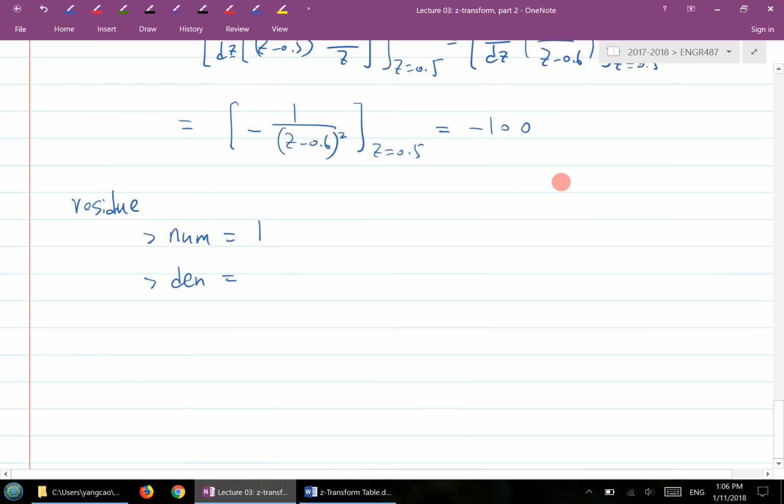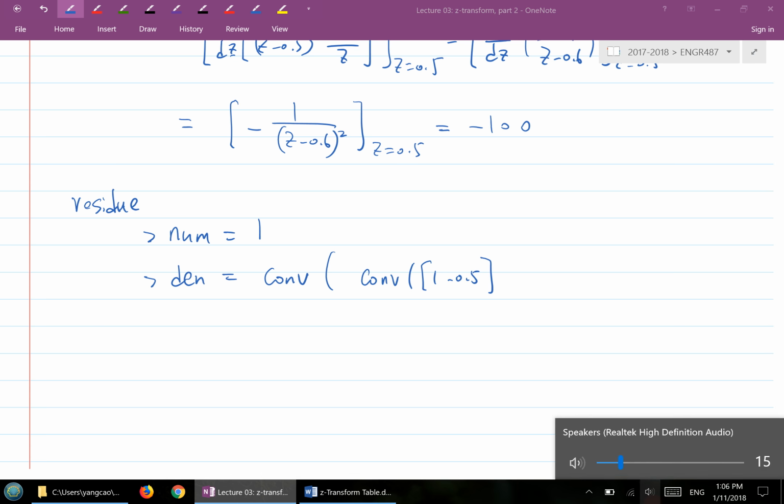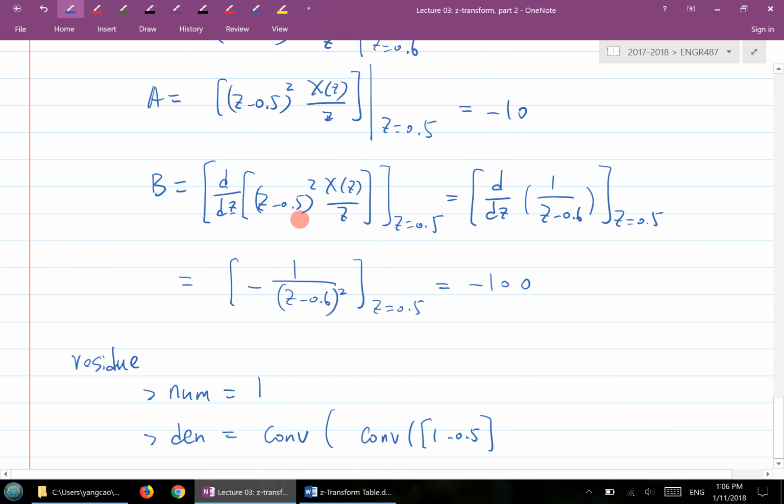You can multiply everything out and find the coefficients for the numerator and denominator. That's fine. But you can also use the command called conv, the convolution command. What you do is convolve this: the coefficients for z is 1 and negative 0.5.